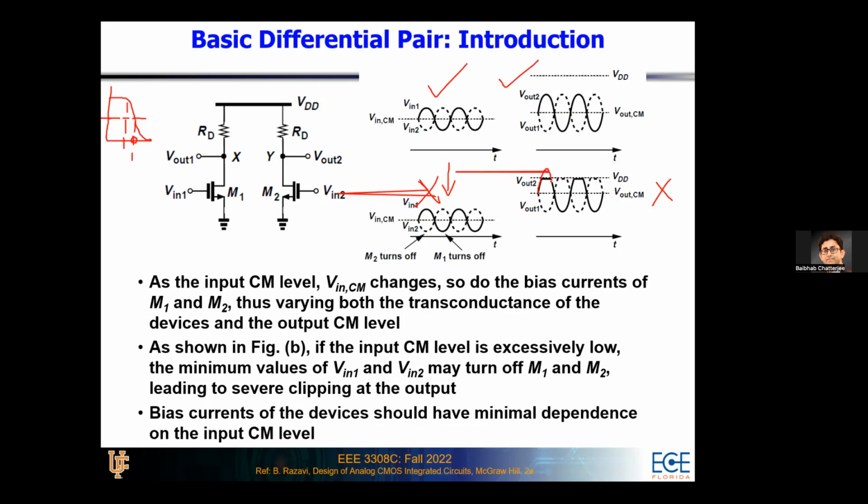This full sinusoid should have looked like that, but you'll not get it because you are getting clipped by the VDD voltage. And as you know, there cannot be any voltage higher than VDD in your circuit, so instead of a sinusoid, you'll get a clipped sinusoid at your output. So you should not have your input DC point too low or too high, that will cause clipping.